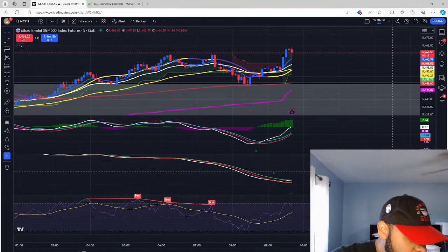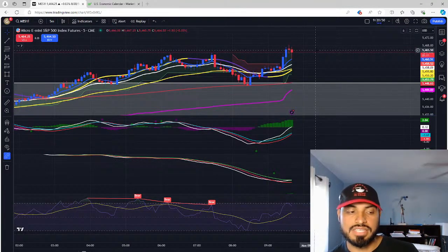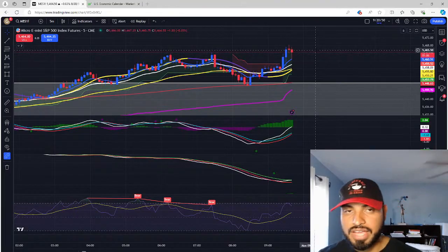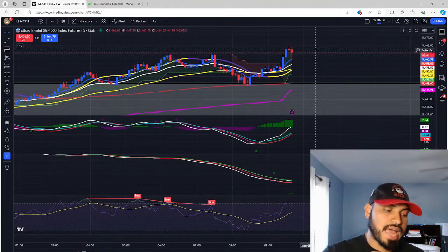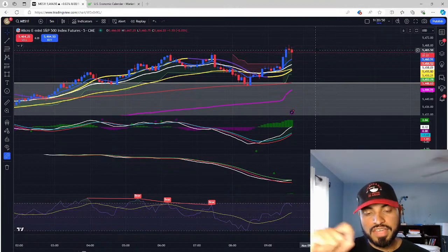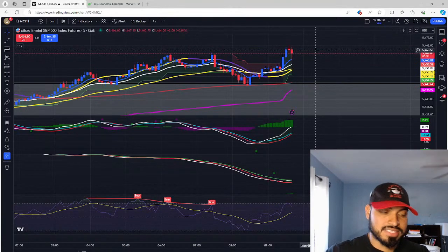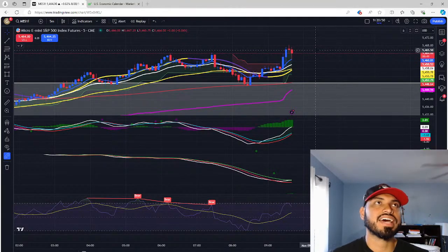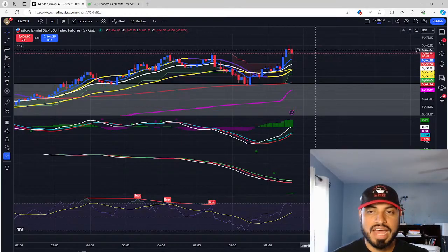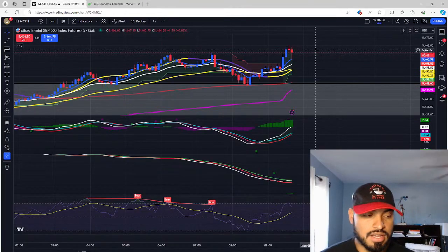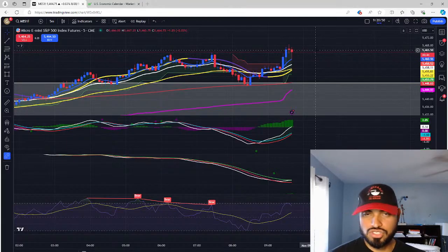By the way, just an FYI, the indicators that I am using are MACDs, but this is a different variation of MACD. The one thing I don't like about the MACD is that it's lagging. That's why a lot of people talk badly about the MACD, because it uses the 9 and 12 moving averages, which are delayed data in a sense. You can still use the regular MACD and it'll still be a powerful tool.